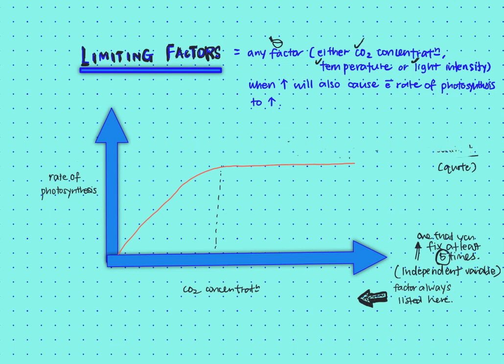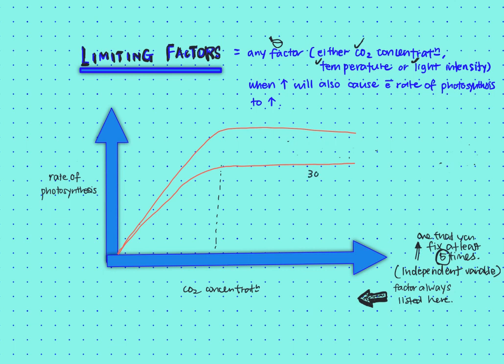And the interesting thing about the 2 graphs is that you actually get a very different result. Take a look at this. Because you're investigating carbon dioxide concentration, I need to keep the other 2 constant.